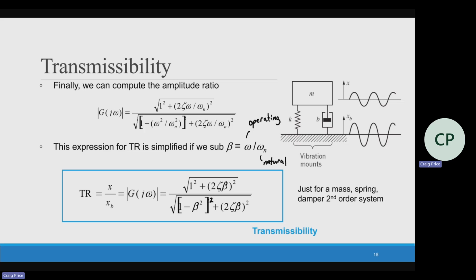But as we go lower or go higher, we're going to see that this transmissibility goes down. It's very related to the Bode plots that we've been talking about. So again, this only works for a mass spring damper setup like this, relating frequency to amplitude.